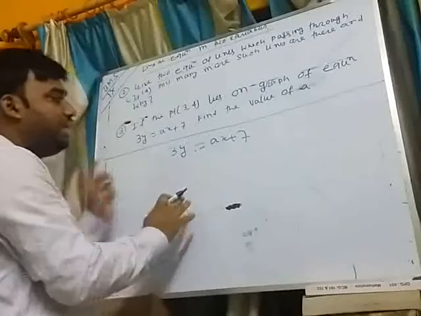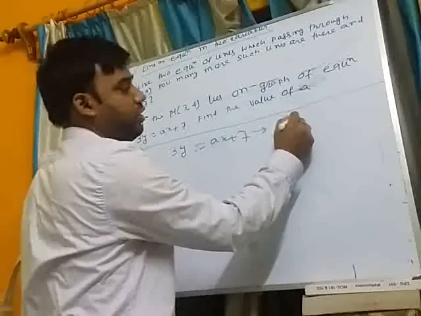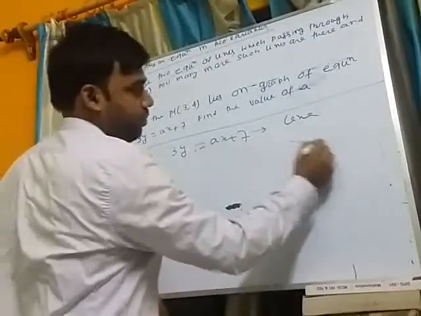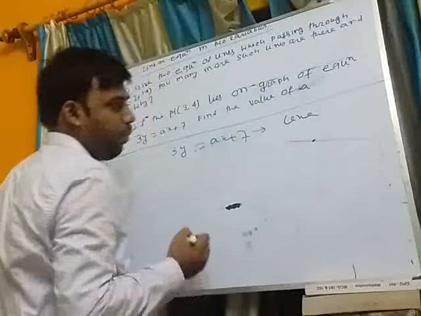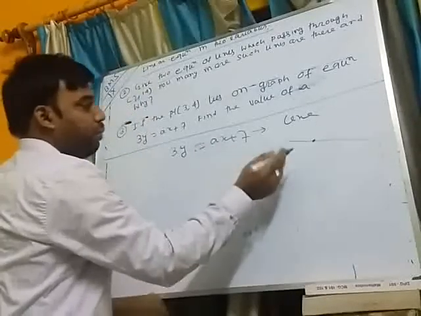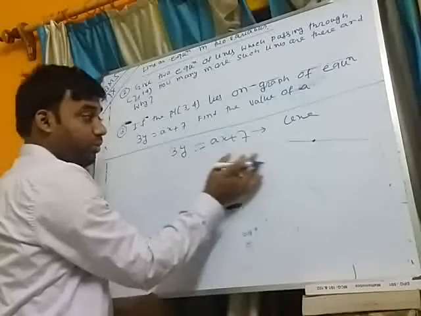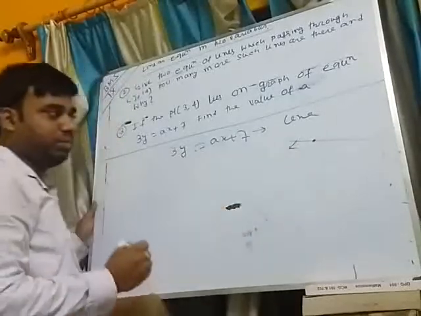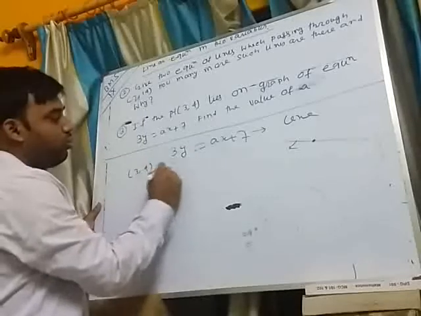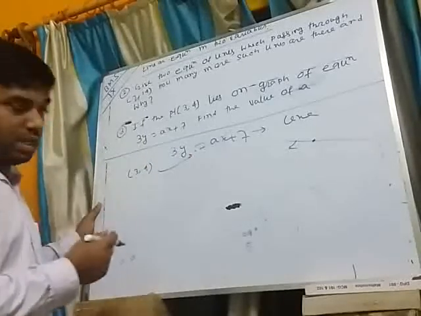First of all, this is a linear equation in two variables, so it represents a straight line. Any point that lies on the line is a solution of the equation of that line. So (3, 4) is a solution of this line, and I have discussed in the previous videos what a solution is.